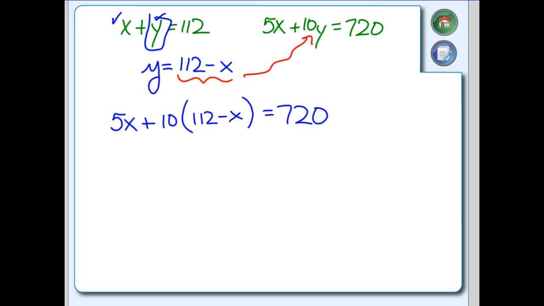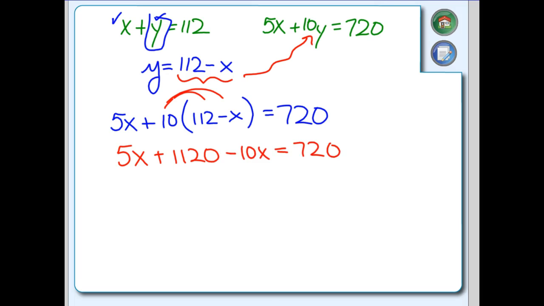Now, what do you think we should do next? Yes, good job. We've got to take care of that distributive property. So we know 10 times 112, and now you kind of see why I did y's, because it's easier to multiply, minus 10x equals 720.